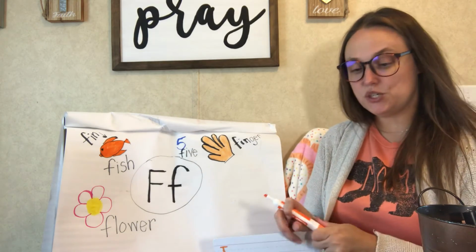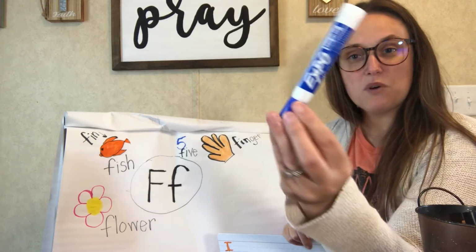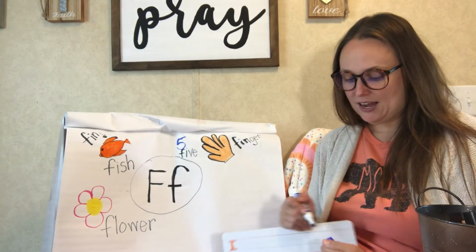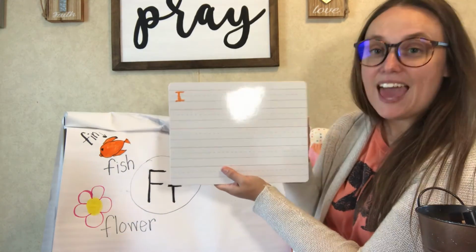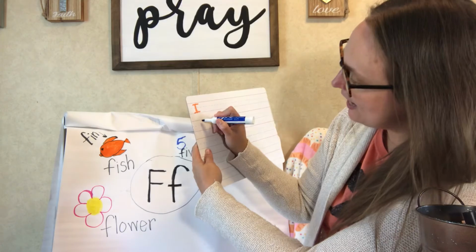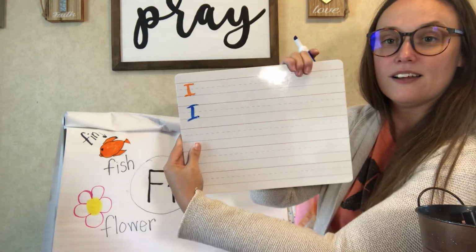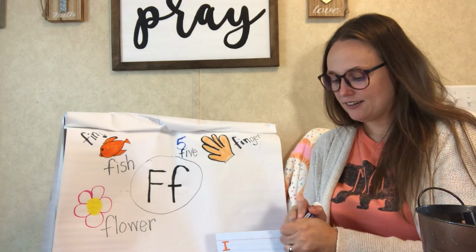Now I'm going to choose a different color. I'm choosing what color? That's right, blue. And I'm going to go down and write it again on the next line. Capital I spells I. All right, now I'm going to choose my next color.